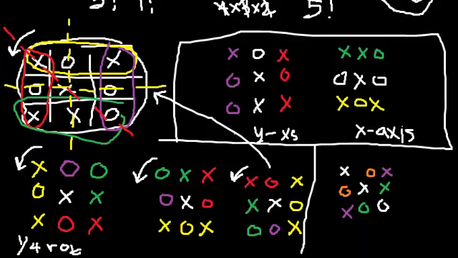We're left with one more reflection to do, which is the other diagonal. In that case, you see that there is another XXX along the diagonal. So let's just write down XXX.